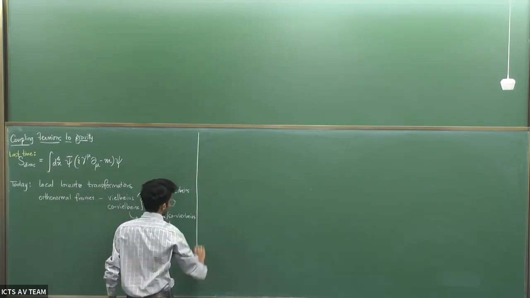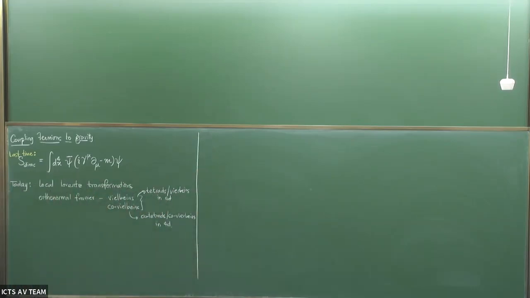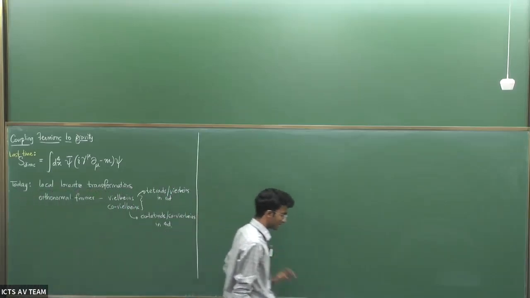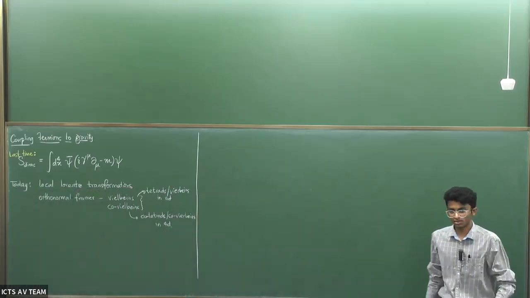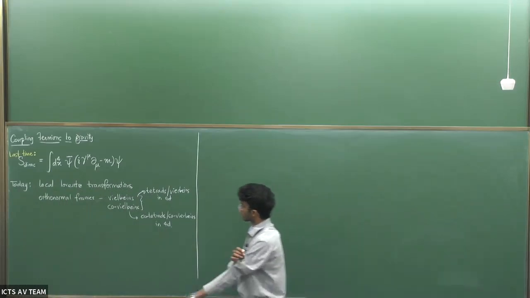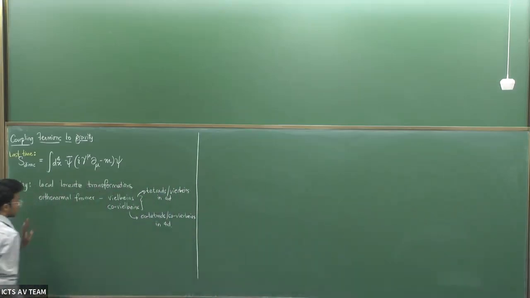Okay, and they have other fancy sounding German names in 1D, 2D, and 3D. They're Einbein, Zweibein, Dreibein, etc. But we don't care about all that. We'll just do 4D and then general. So this is what I want to do today.